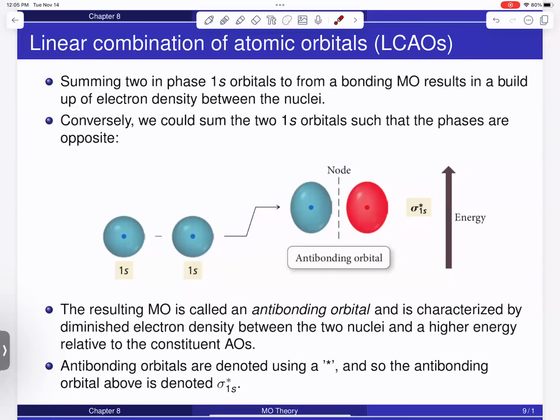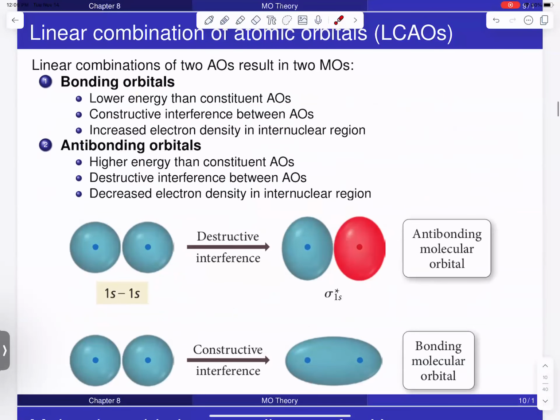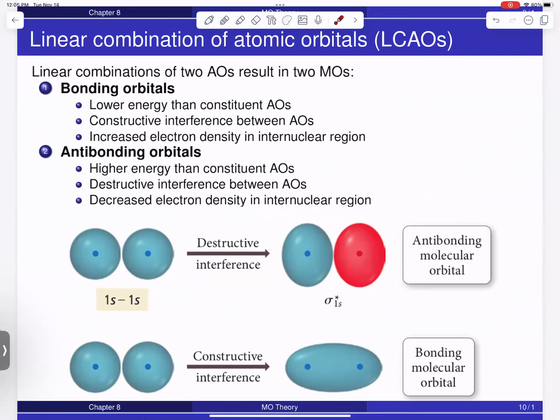All right. Now, the thing to remember now is there's basically a sort of rule of thumb here. When we are making linear combinations of atomic orbitals, we have a sort of conservation in terms of the numbers of orbitals that we have.